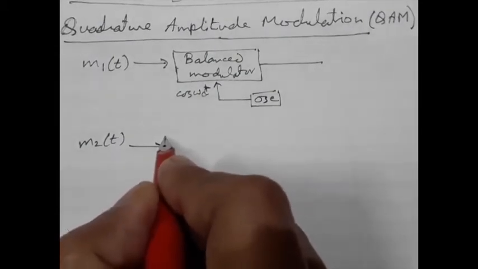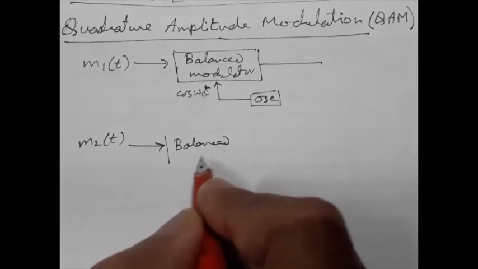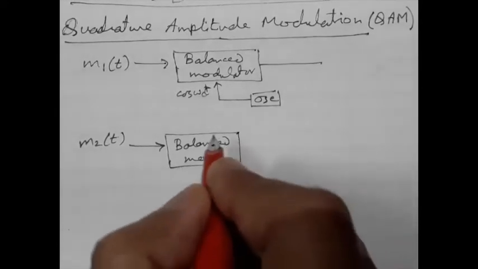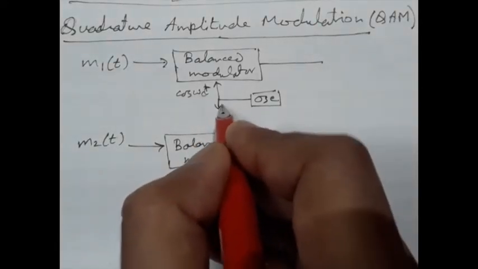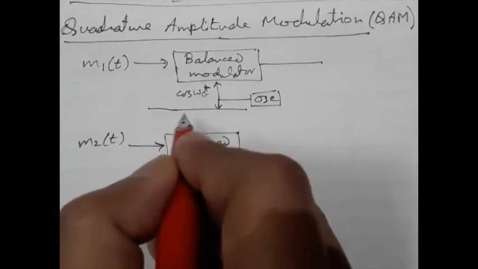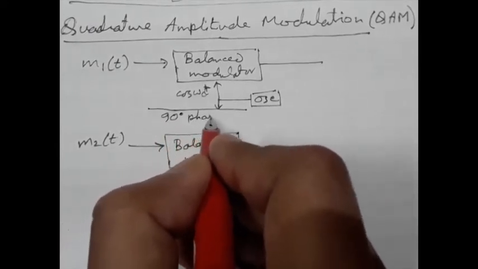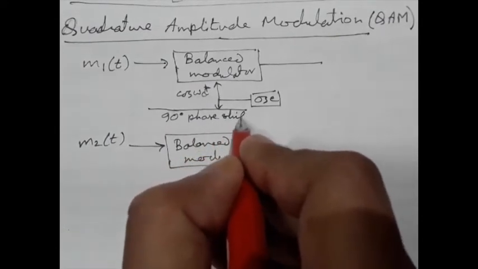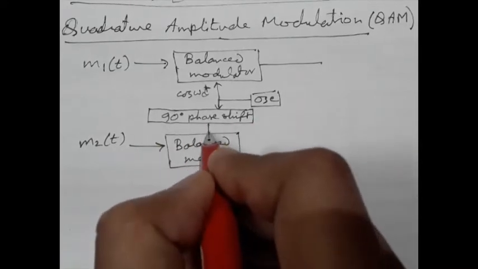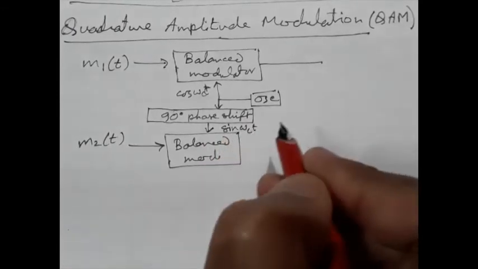The second signal should be passed through an identical type of balanced modulator, but the other signal, that is the carrier signal, must be passed through a 90-degree phase shift to produce sin omega ct.